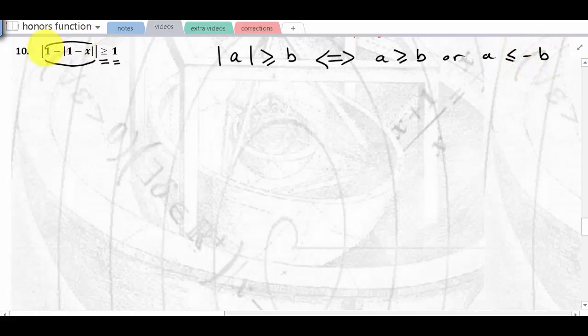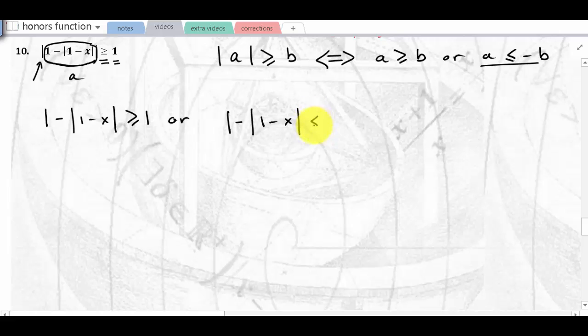In this case, A is the entire thing inside, okay? All right, so let's remove first the absolute value that is on the outside. So A above or equal to B, that means 1 minus the absolute value of 1 minus x is above or equal to 1, or A smaller than or equal to the opposite of B, 1 minus the absolute value of 1 minus x is smaller than or equal to negative 1.